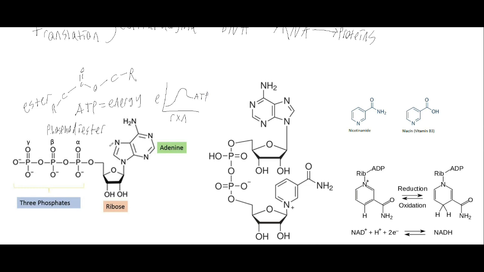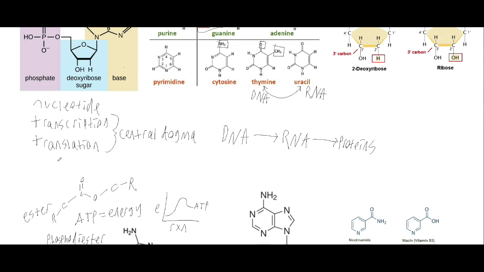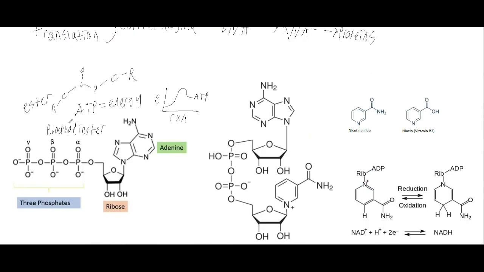If it just has a single phosphate on it, like we show up here, then it's called adenosine monophosphate, which is also AMP. So adding those two phosphates onto it make it into ATP. You can also add one on, and then it would be adenosine diphosphate, which would be ADP. So we can have AMP, ADP, and ATP.